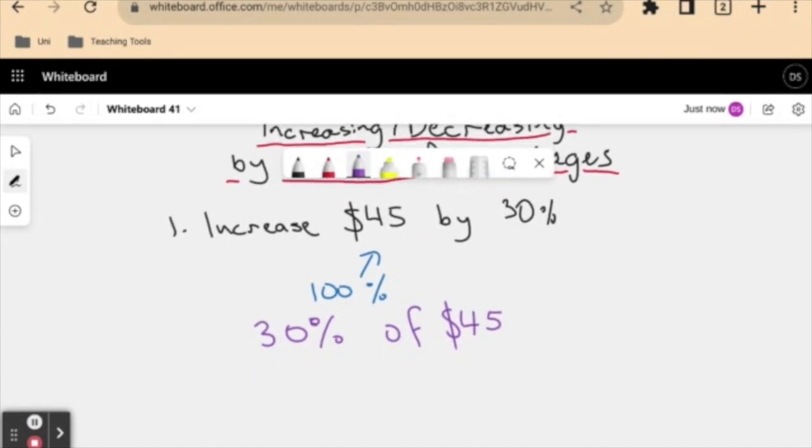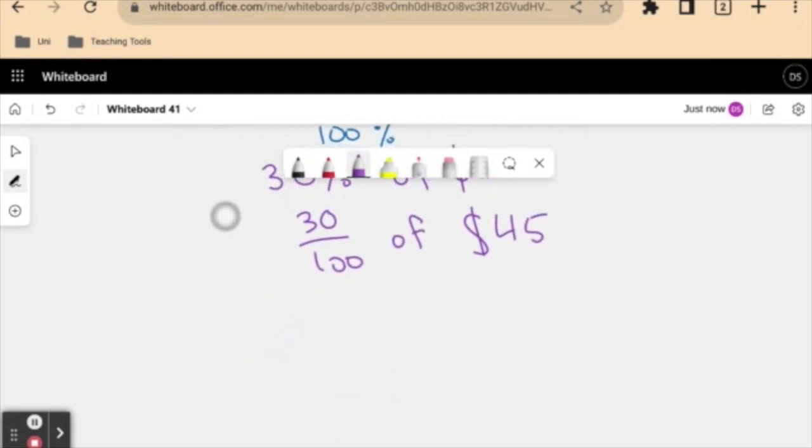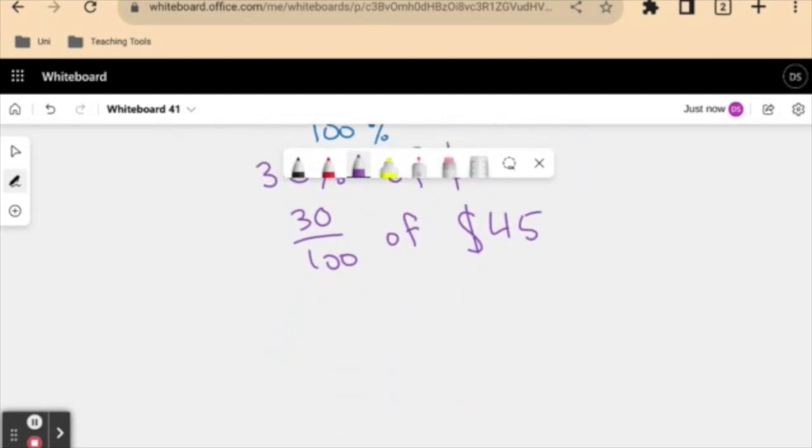Well, if you watched the last video, you'd know that this is a percentage of a quantity. And this type goes hand in hand with fractions of a quantity. So that's like saying, well, what's 30 over 100, 30 hundredths of $45.